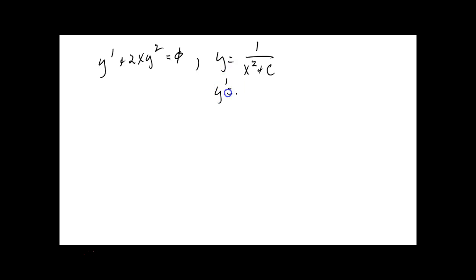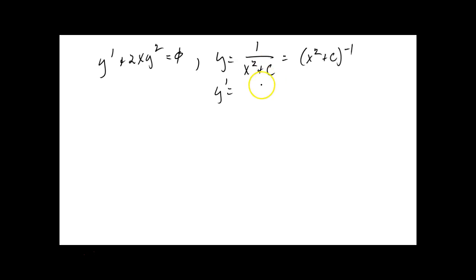Y prime would be equal to. Now, if I were really going to verify this, and this is the part I really don't like, I think I would write the y as x squared plus c to the minus 1. You could do it with quotient rule. I think it's easier to do it this way.